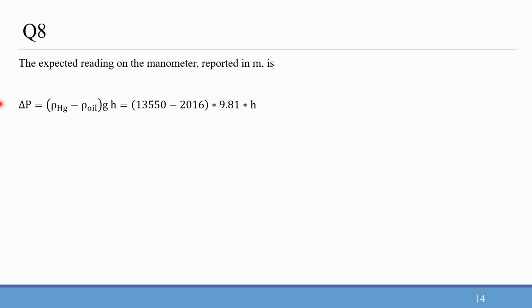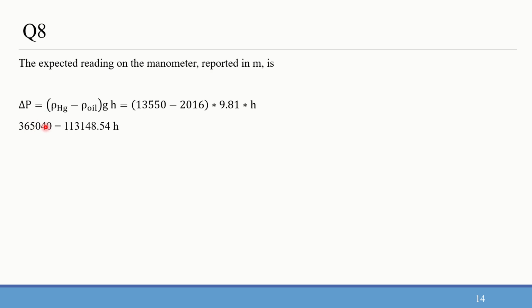So it is density of mercury minus density of oil into 9.81 into H. So when we take this side, we will be getting it as 1,13,148 into H, and we have delta P from the previous problem which we have calculated as 3,65,040.